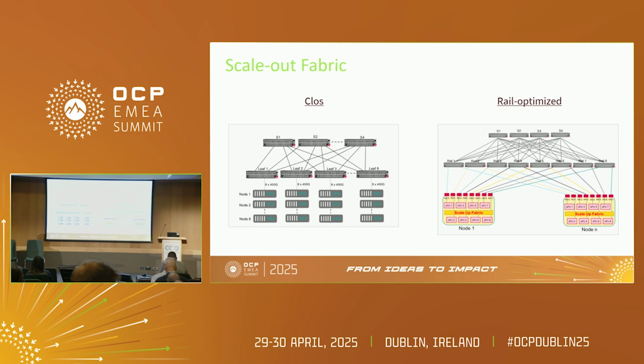It is still used in some AI infrastructures where you build your backend fabric. Remember, I'm talking about scale-out fabric, backend fabric, GPU communication, right? Closed topology is used, but the most popular, recommended topology for AI workload is rail-optimized topology for scale-out.